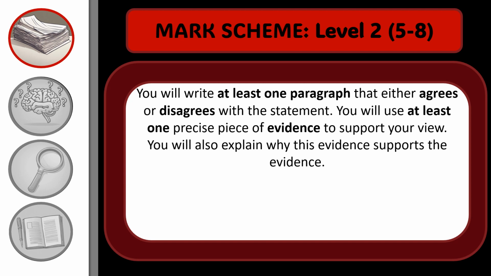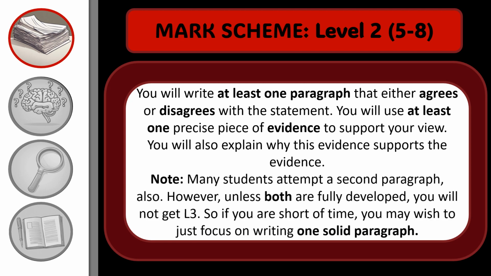For level 2, in order to get half marks, for those of you aiming to get a grade 4 or 5, you need to write at least one paragraph that either agrees or disagrees with the statement. You need to use at least one precise piece of evidence to support that view, and you also need to explain why this evidence supports it.